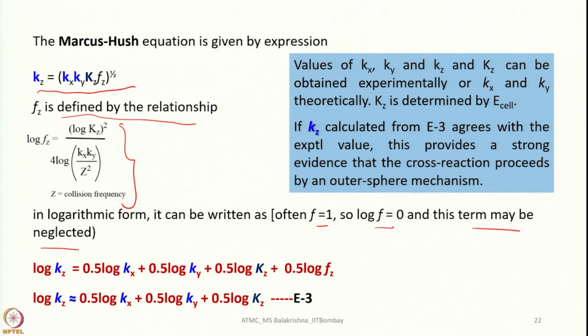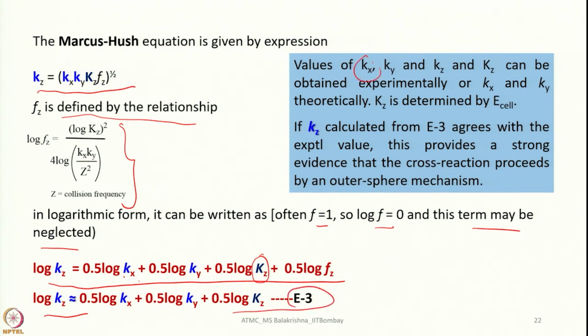If you neglect this term, it eventually ends up in this format: log kz, the rate of the cross reaction, equals 0.5 log kx plus 0.5 log ky plus 0.5 log K. You should remember I had given different colors: this is the equilibrium constant, this is the rate constant. Similarly, let us call this equation 3.